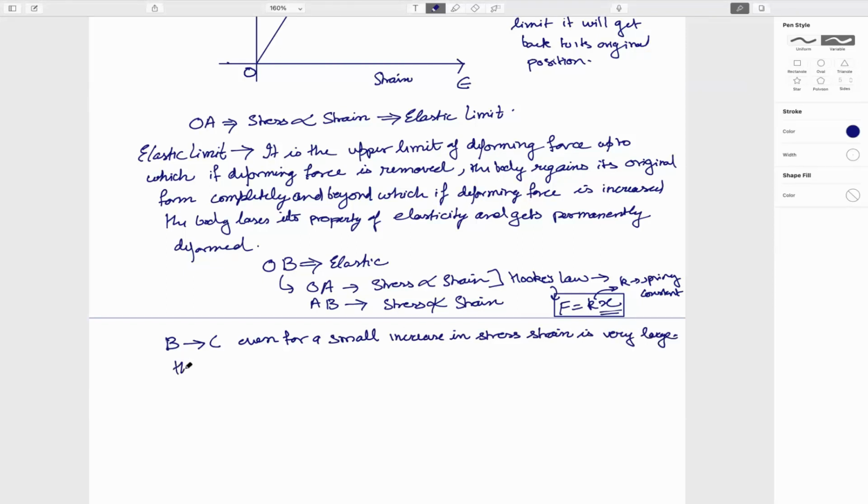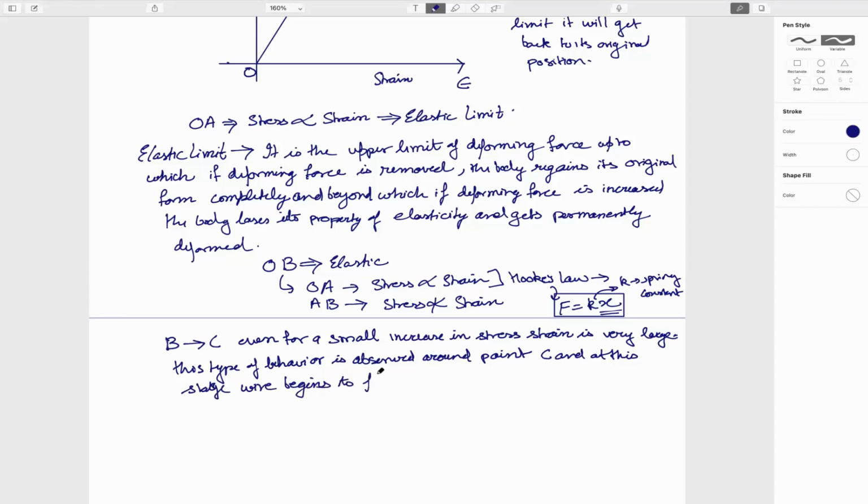This type of behavior is observed around point C, and at this stage, the wire begins to flow like a viscous fluid.